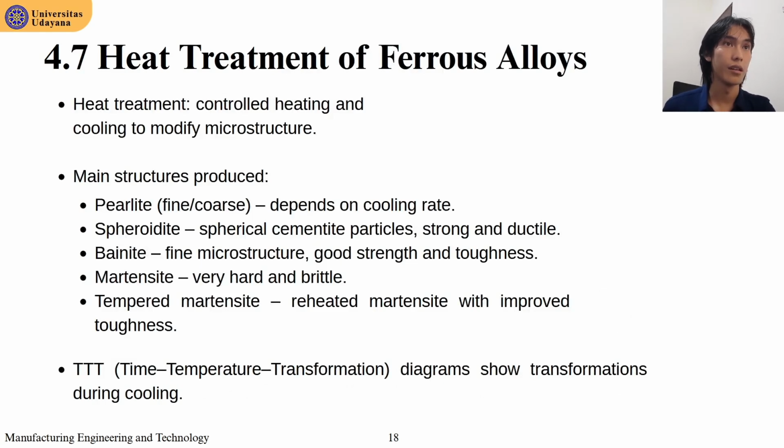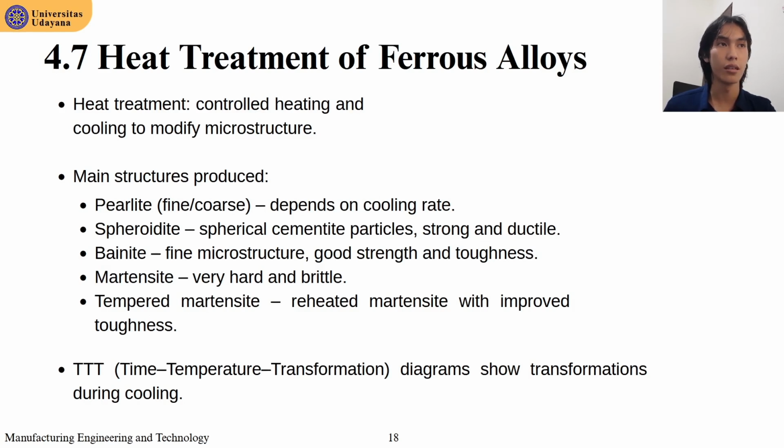Okay, next is 4.7 heat treatment of ferrous alloy. Heat treatment of ferrous alloy uses controlled heating and cooling to produce microstructures like pearlite, spheroidite, bainite, martensite, and tempered martensite.